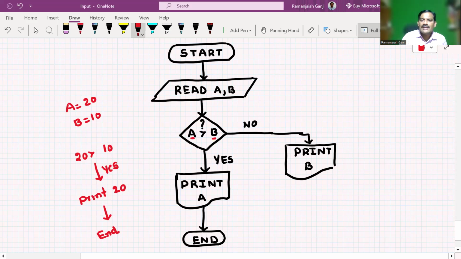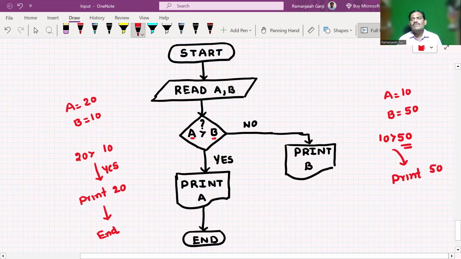For example, consider another scenario. A is equal to 10, B is equal to 50. Now tell me what happens. Here the condition is: is 10 greater than 50? No, right? This is no. Then B needs to be printed. What is B? 50. Then what happens?